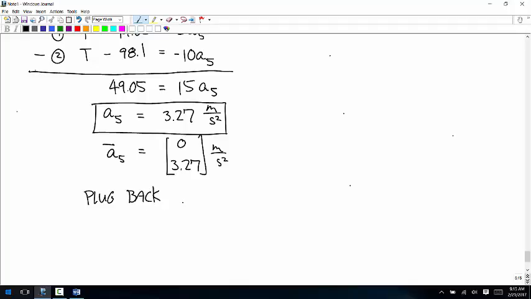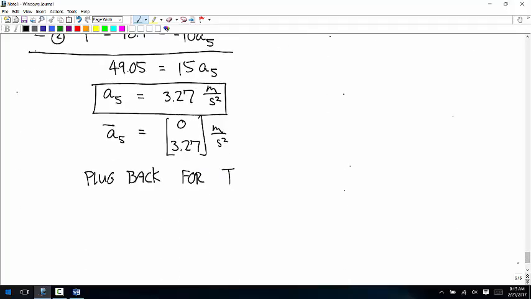Plug it back in for T. So we get T minus 49.05 is equal to 5 times 3.27. And what do you get for T? I got 65.4. 65.4 newtons.